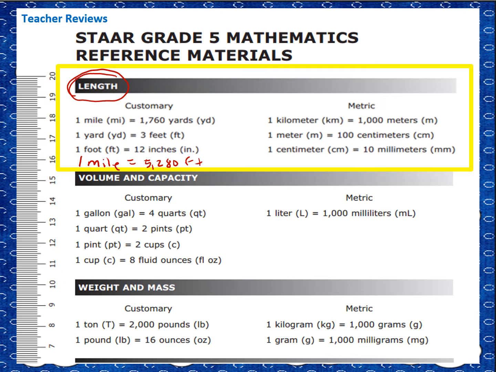And I also asked you to add 1 yard equals 36 inches. Okay, so 1 yard equals 36 inches. Those two are not on the mathematics chart, and I've always wished they would add them because sometimes it makes it a little easier for us if we have those two conversions.